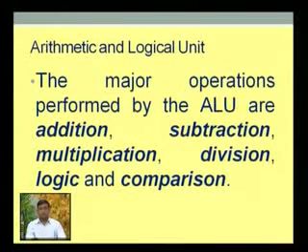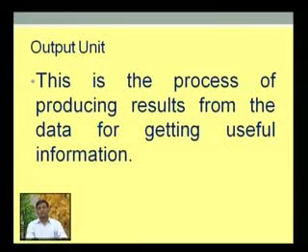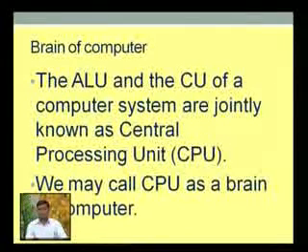Now the next unit is our output unit. The output unit is the process of producing results from the data to get useful information. Our main aim in using a computer is to get some meaningful result for which we have provided the data in the input phase.